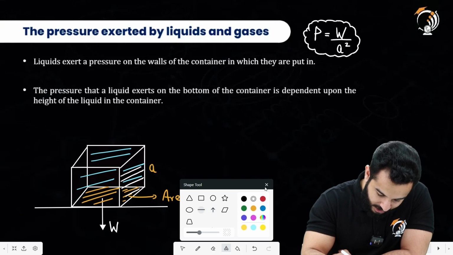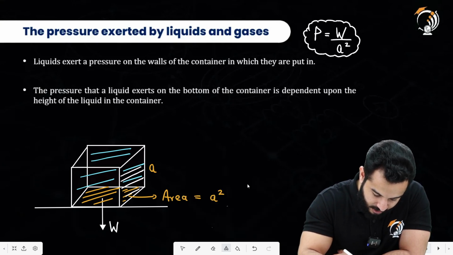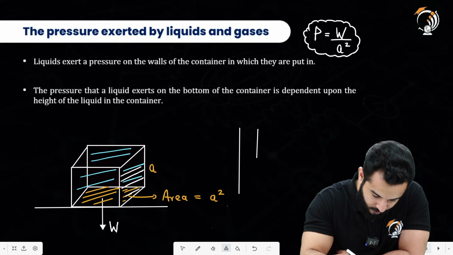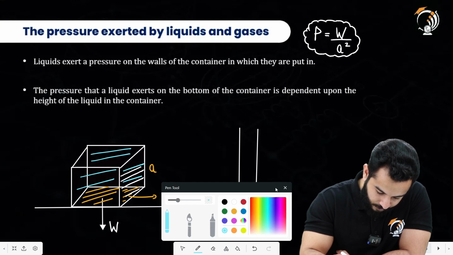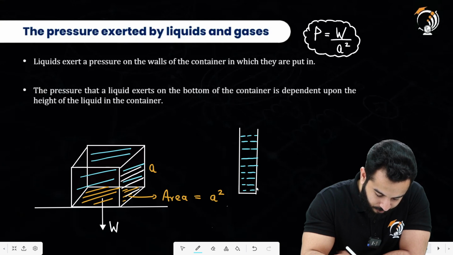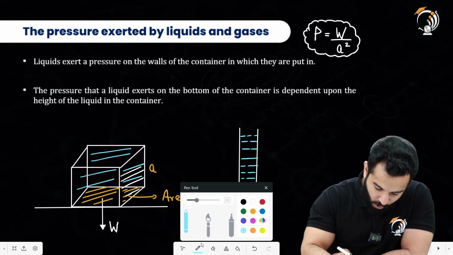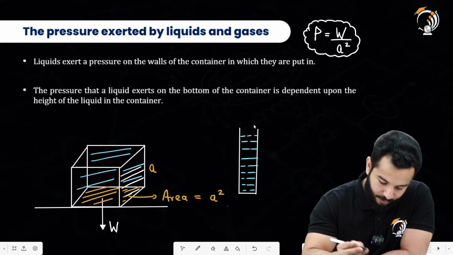Let's suppose we have a container, and the container is something like this, like a tube. This will now depend on the height of the liquid. The reason is quite simple. Let's consider pressure at different points.